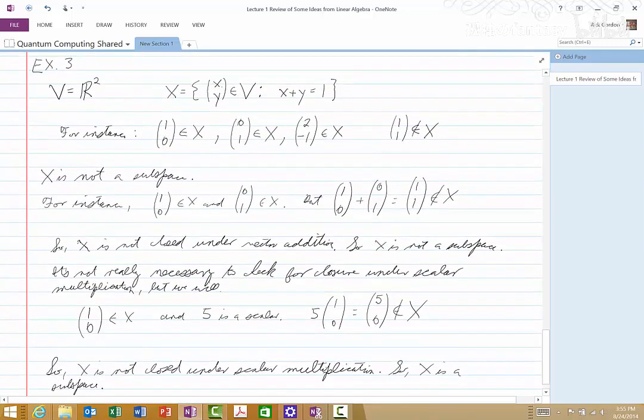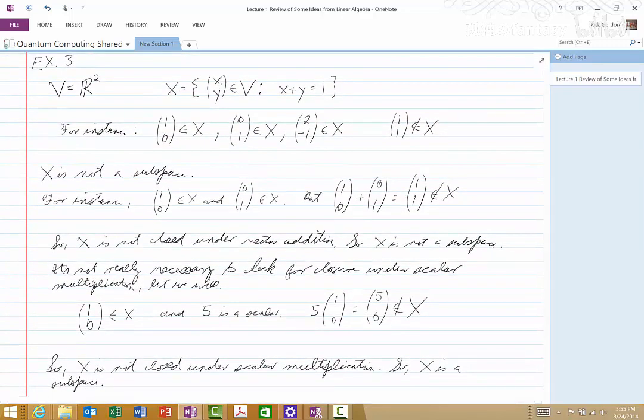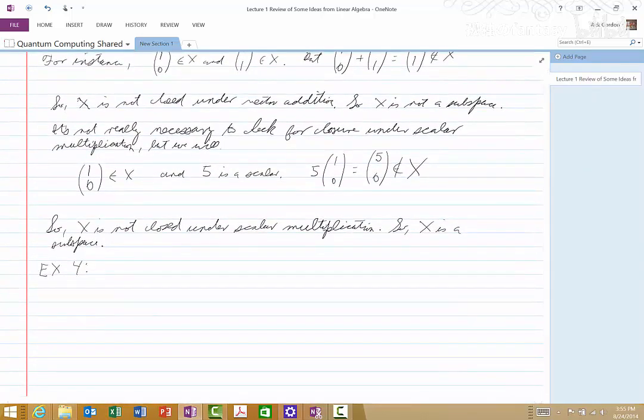I imagine you can easily anticipate what we would do here. I'll say V equals R2 again, and this time X is the set of all vectors in V such that x plus y is equal to 0.